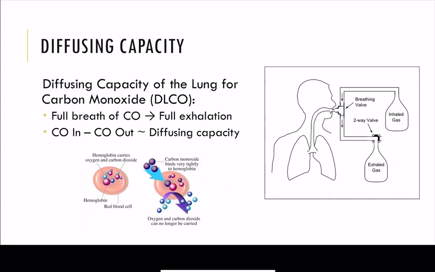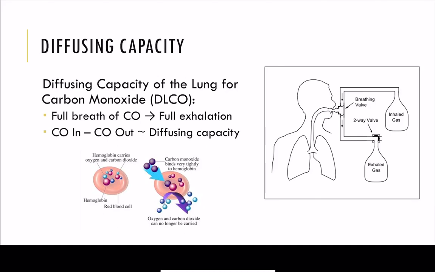So when you have a carbon monoxide leak in your house and you have a mixture of oxygen and carbon monoxide you're breathing in, your hemoglobin gets completely saturated with carbon monoxide and there's less binding availability for oxygen, and that's how you get carbon monoxide poisoning. So because it has this really high affinity for hemoglobin, if the carbon monoxide gets in there, it's going to diffuse across because it wants that hemoglobin so bad.